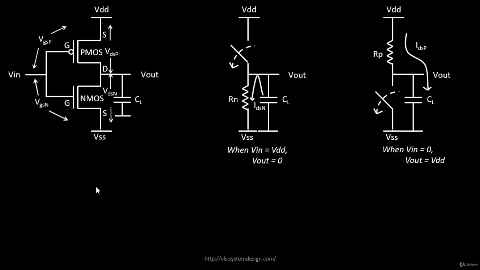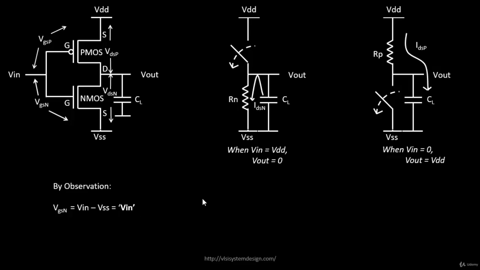So let's move on. We will play with some equations. We know by observation, if you observe this NMOS piece of circuit, what you observe over here is your VGSN. Your VGSN is this point minus this point, which is V in minus VSS. Since VSS is 0 volts, VGSN can be directly plugged in as V in.